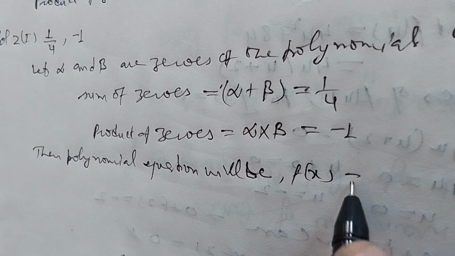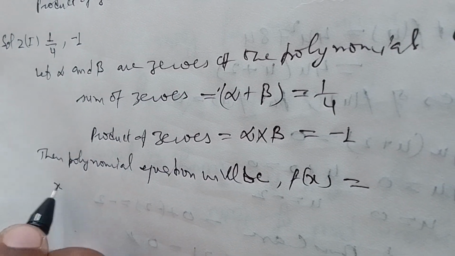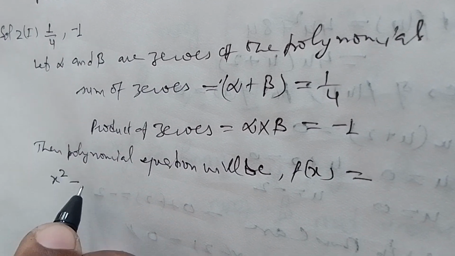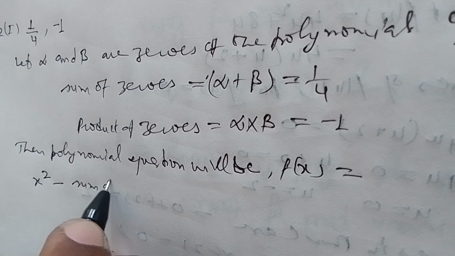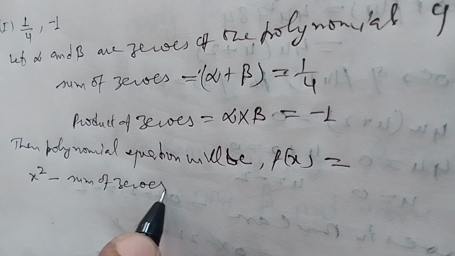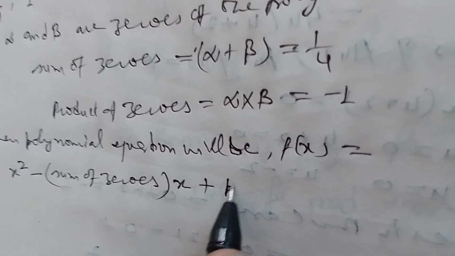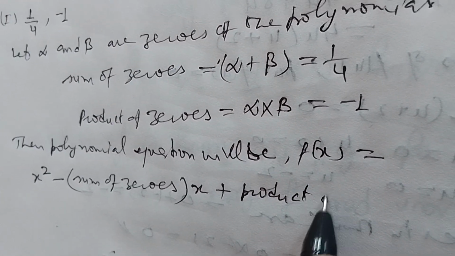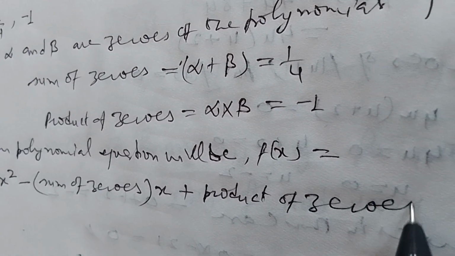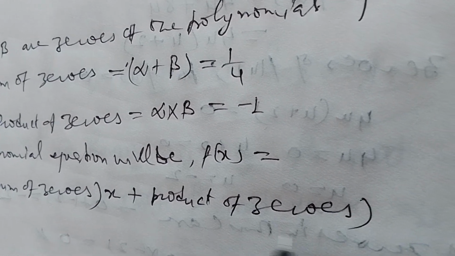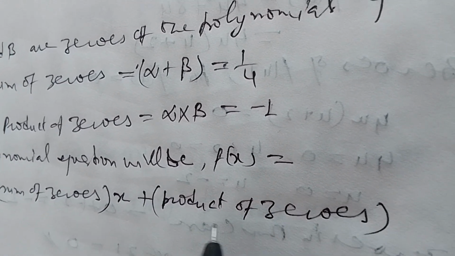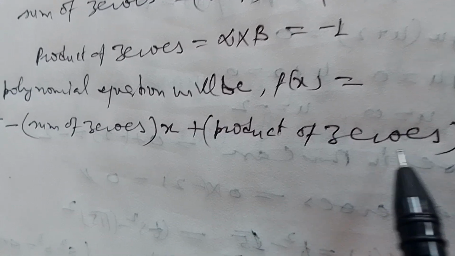f(x) is equal to x square minus (sum of zeros) multiplied by x plus (product of zeros). So this is the rule to write the answer.